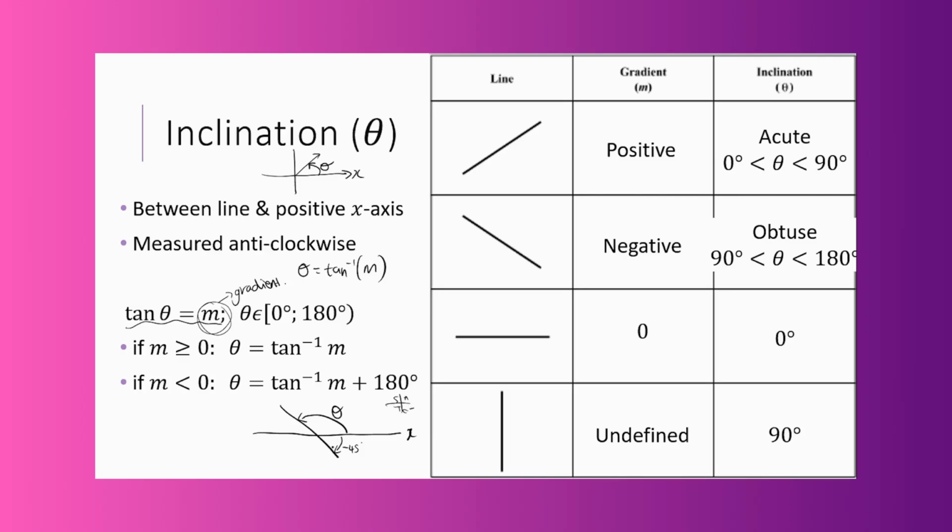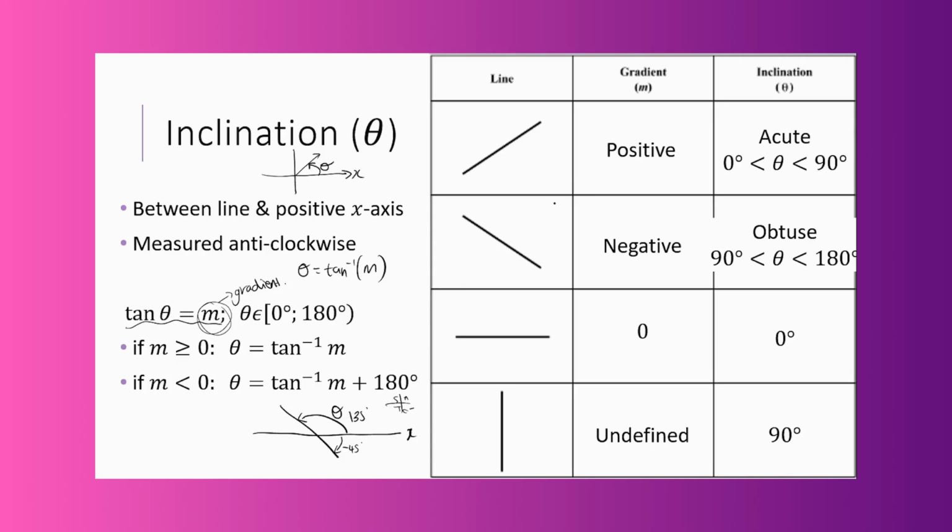So the size is actually 45, but negative because of the negative direction. So whenever you put a negative value in there, or if it gives you a negative answer, you're just going to add 180, because if this is negative 45, because of angles on a straight line, this is going to be 135. That's what you need to know.